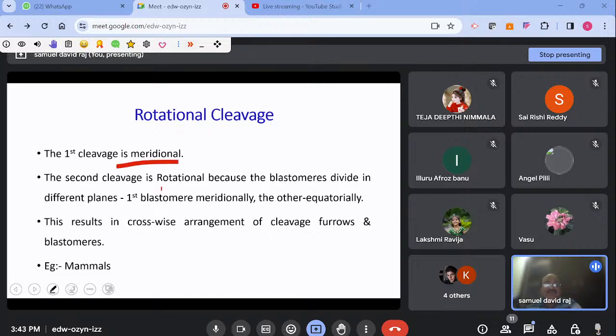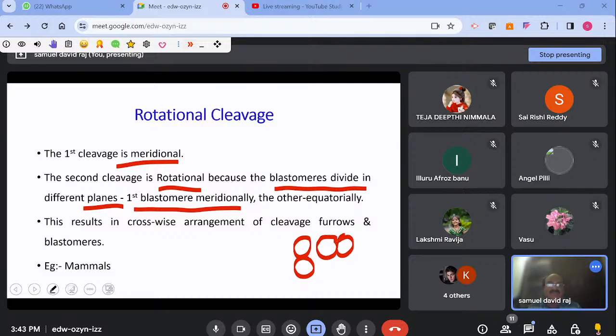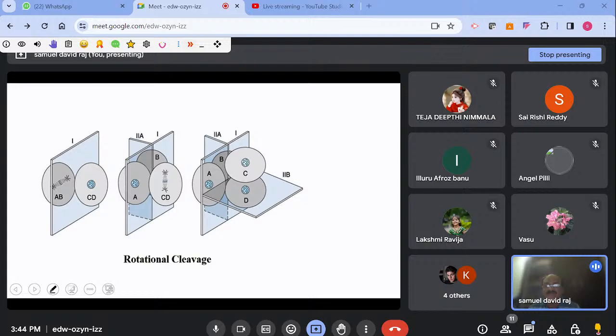The second cleavage is rotational because the blastomeres divide in different planes. One blastomere divides meridionally, whereas the other divides equationally. So if this is dividing like this, the other one divides like this. Thus there are different configurations in the developing embryo as seen in mammals.